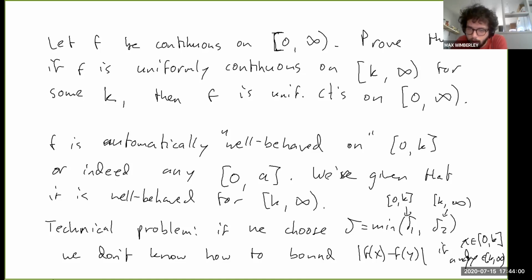But there's sort of a trick to get around this, which I kind of hinted at here. We know a lot more than just that f is uniformly continuous on [0, k]. You can adjust this slightly, like you could take [0, k+1], for example.